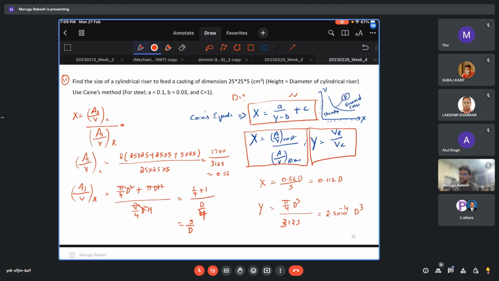So we have x and y, both the values. Just by substituting these x and y values, you will end up with some equation, so I will just write that.